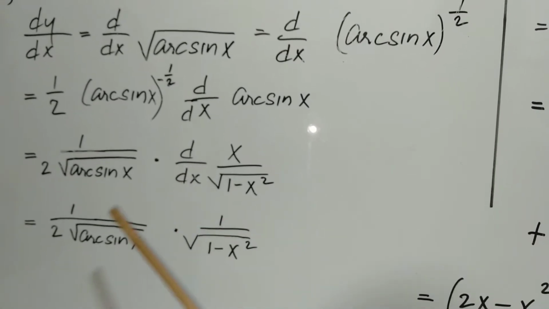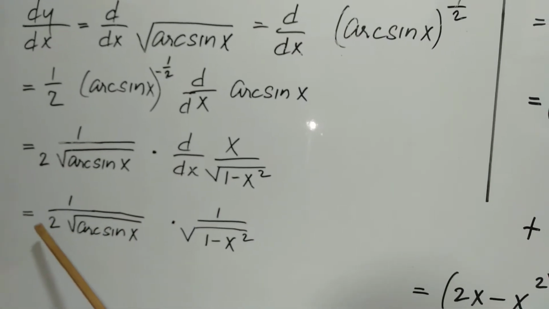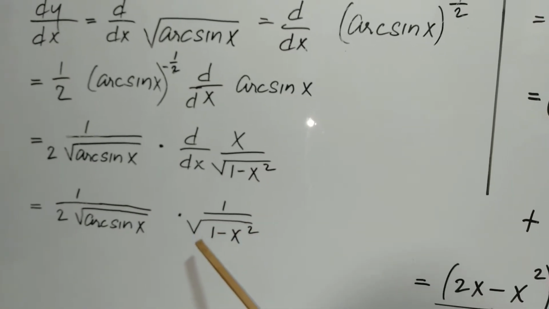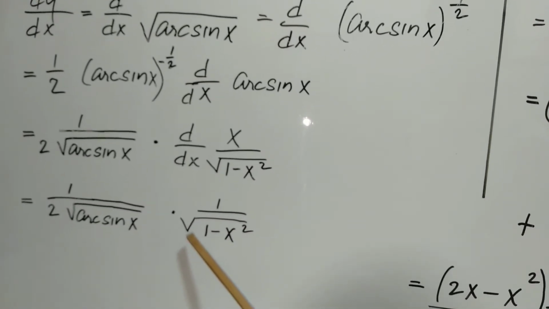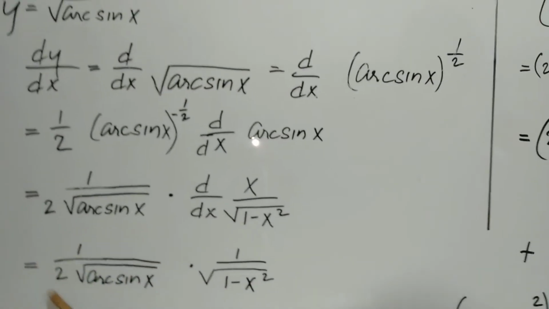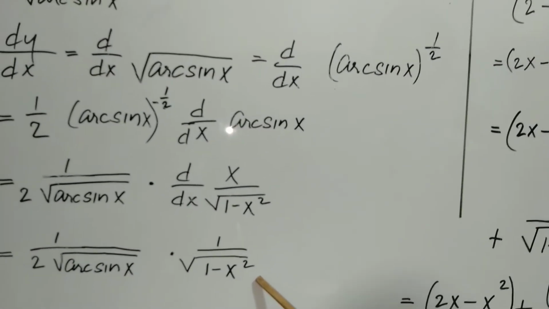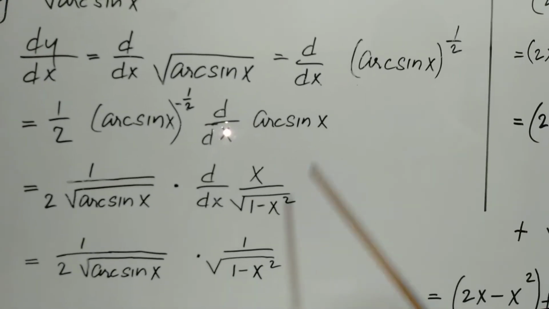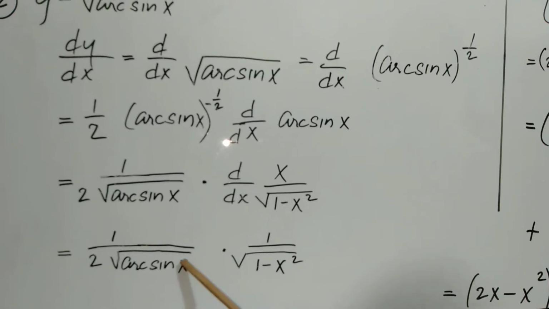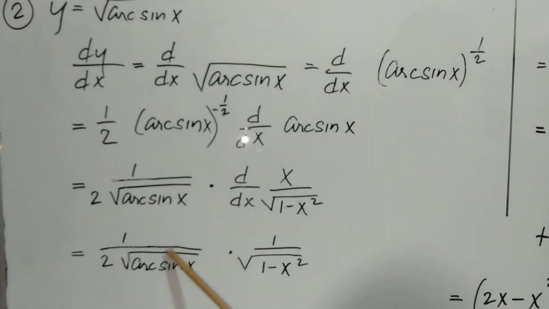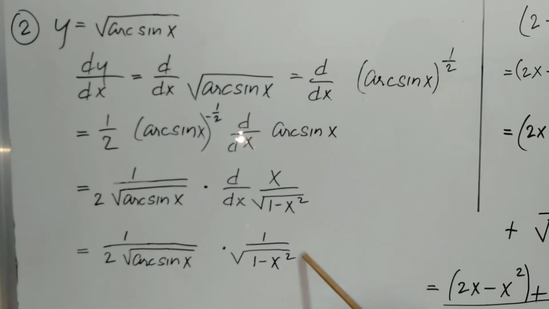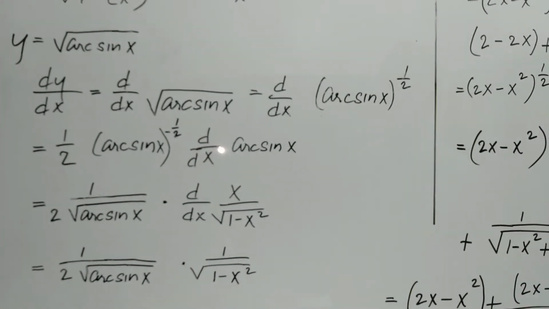To simplify, 1 over 2 square root of arcsine x times the quantity 1 over the square root of 1 minus x squared. The final answer is 1 over the product of these two: 2 times the square root of arcsine x times the square root of 1 minus x squared. So this is our final answer.